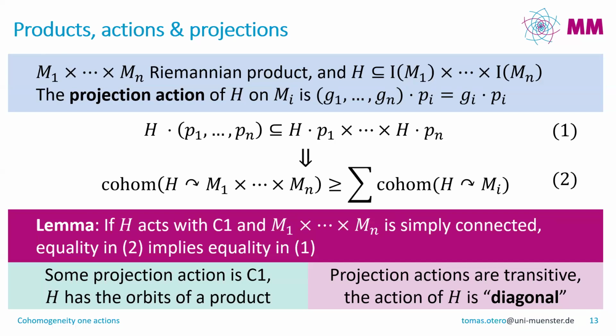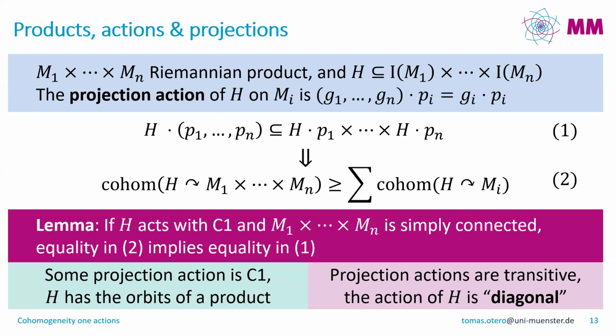And here, there's a word of caution. This subgroup here, the isometry group of a Riemannian product, is generally larger than the product of the isometry groups of the individual components. So if you do this for general manifolds, maybe you should be slightly careful about this.